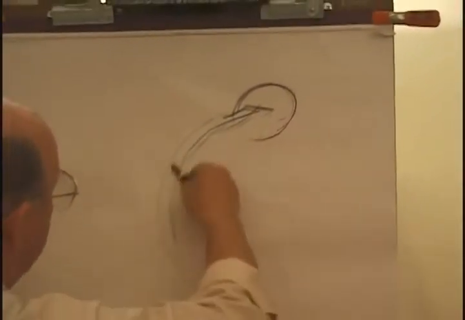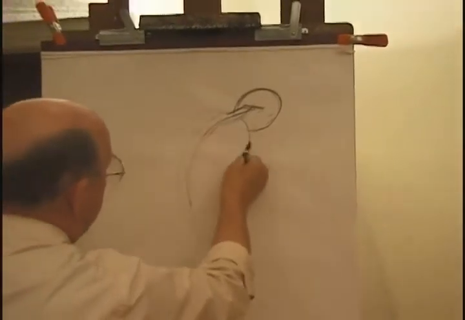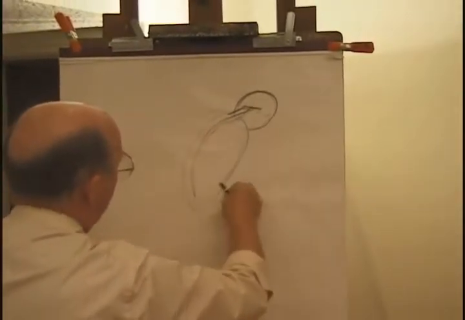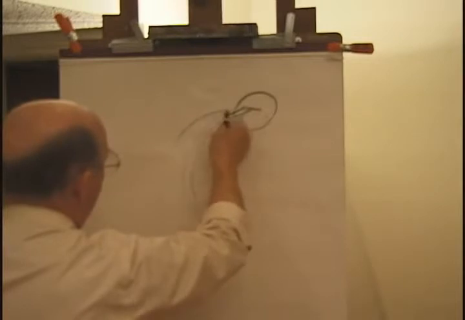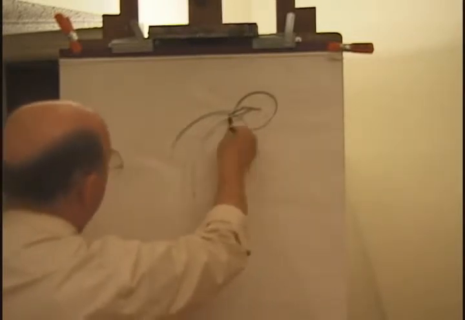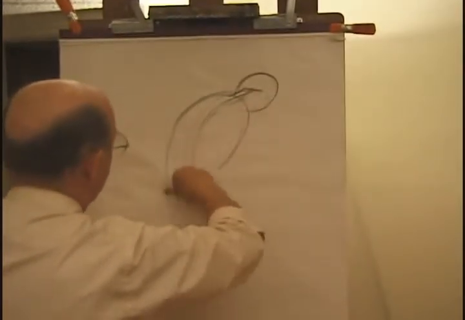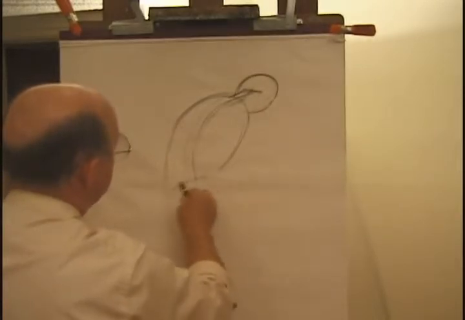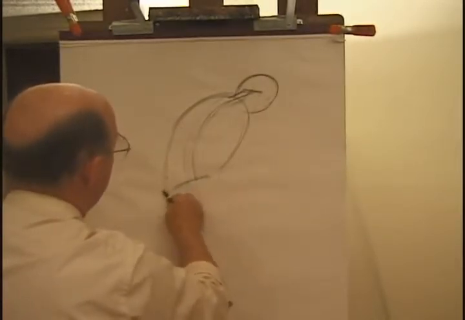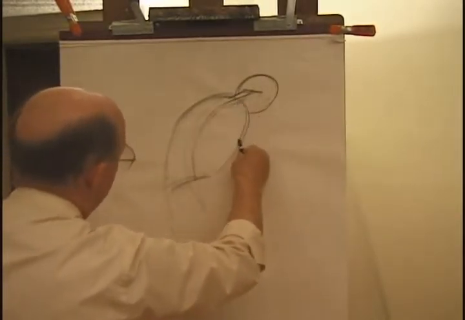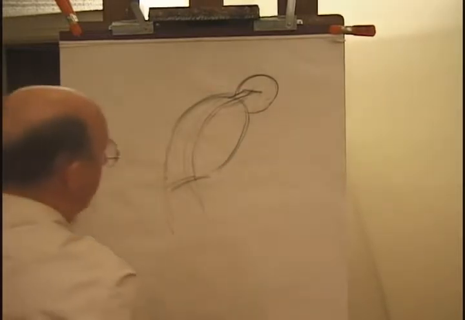And what I want to concentrate on is the relationship of spheres and boxes and how we work with those in terms of the arms and the limbs a little bit. Now first we've got the volume of the rib cage.